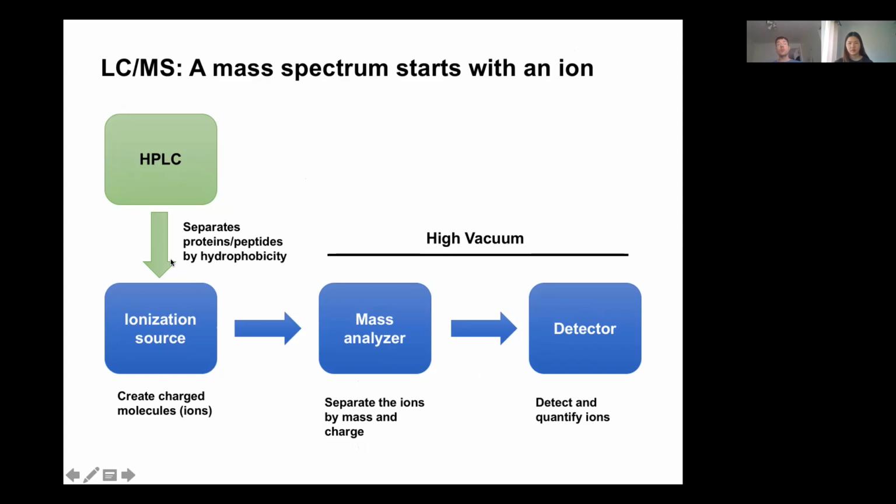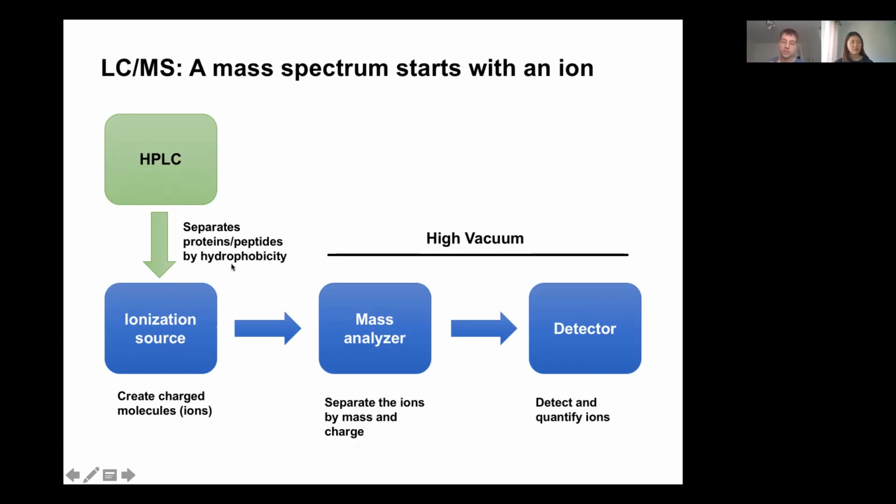While you can inject directly into the mass spec, if you have complex mixtures or certain salts or buffers, it's really, really nice to run them on an HPLC first, and then you run them on a C4 or a C18 column.